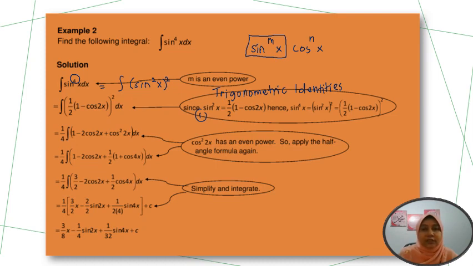Okay, and then we look at the power of cos 2x. The power of cos 2x is also an even number. So we have to apply the half angle formula once again.